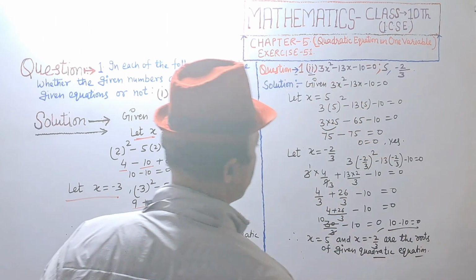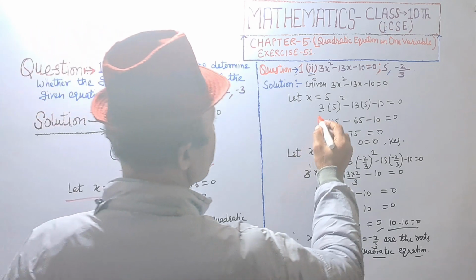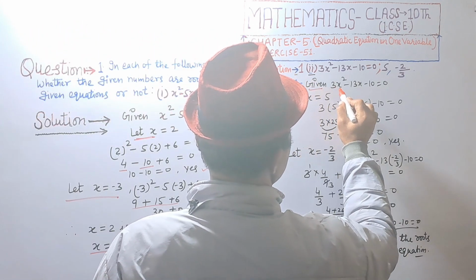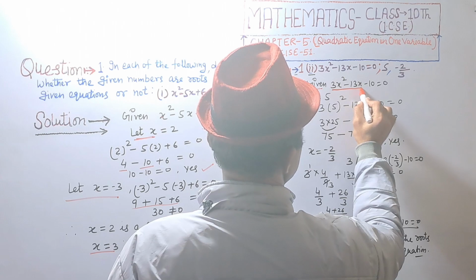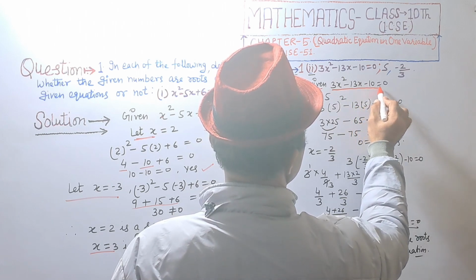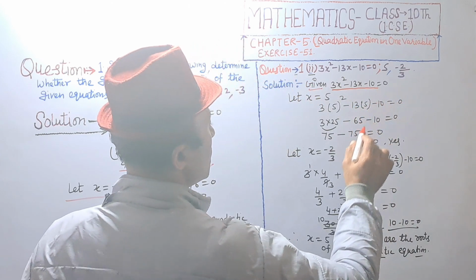Answer. The given quadratic equation is 3x square minus 13x minus 10 is equal to 0.